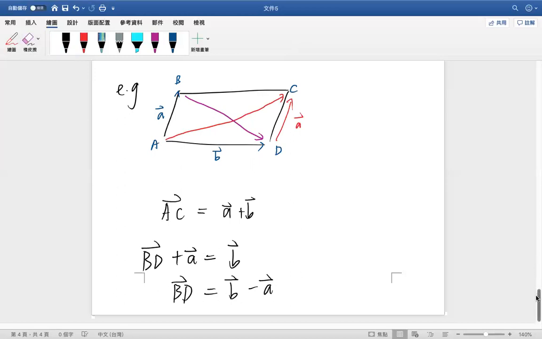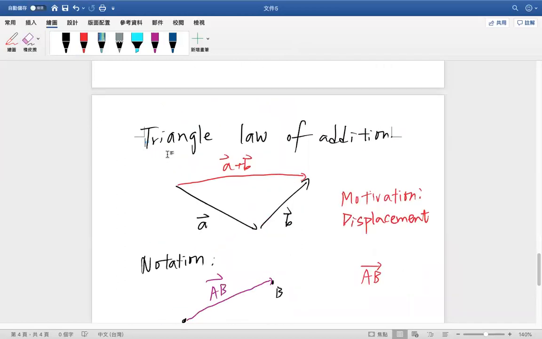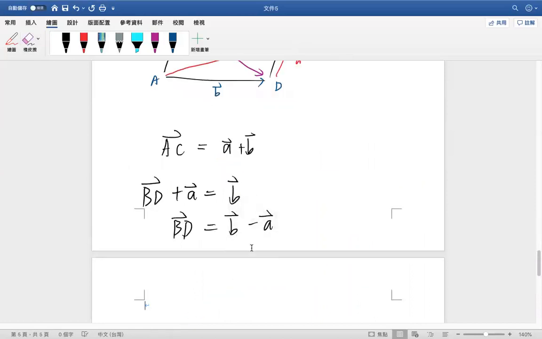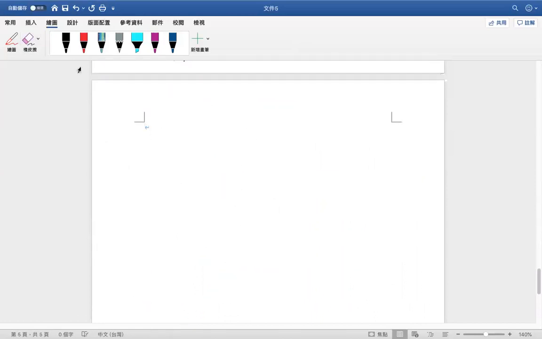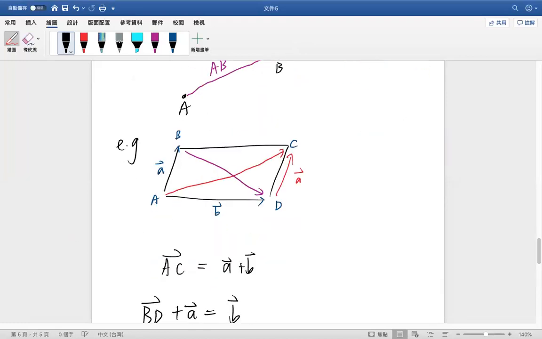And also, actually, we can do it in another way, and then we can make sense of what is meant by a negative vector. So, alternative way. This time, for the vector A here, again, they are not in the tip to tail situation, right?